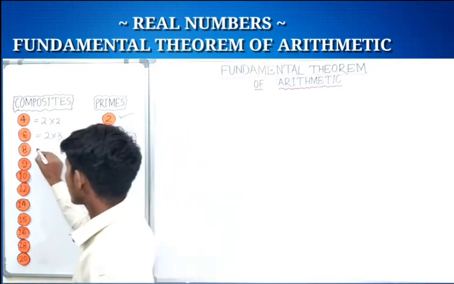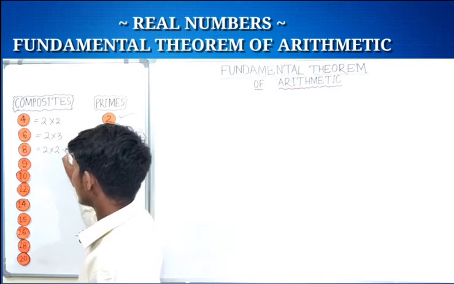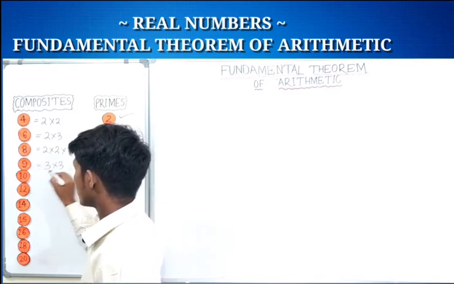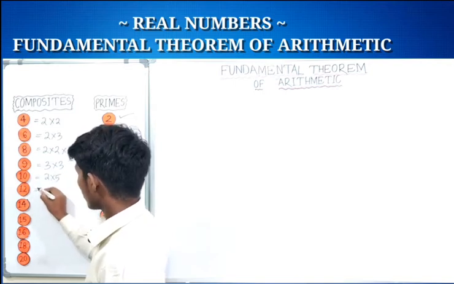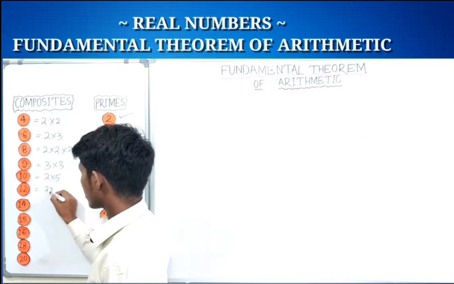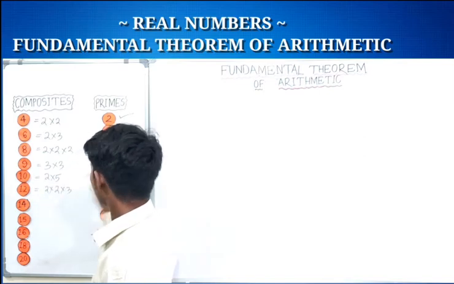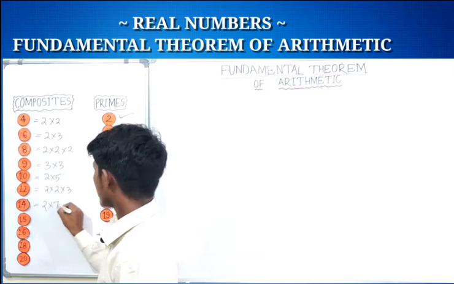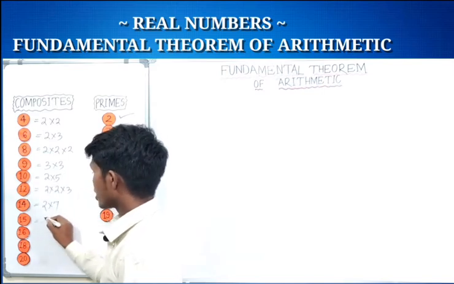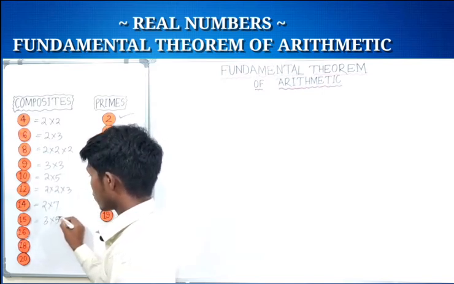Similarly, 8 can be written as 2 times 2 times 2. 9 can be written as 3 times 3. 10 can be written as 2 times 5. 12 can be written as 2 times 2 times 3. You can see 14 can be written as 2 times 7. 15 can be written as 3 times 5.